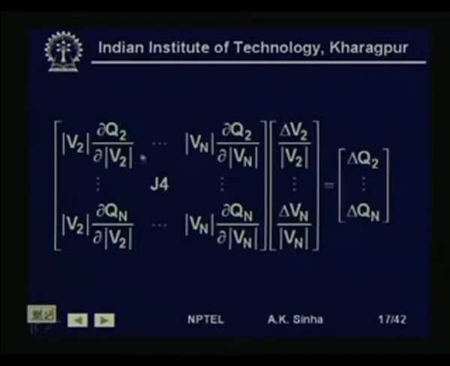And the other set of equations will use the submatrix L, because we have multiplied delta Q by delta V by V. So, here we have delta V2 by V2 to delta Vn by Vn, and this is delta Q. So, this is the other set of equations that we need to solve.